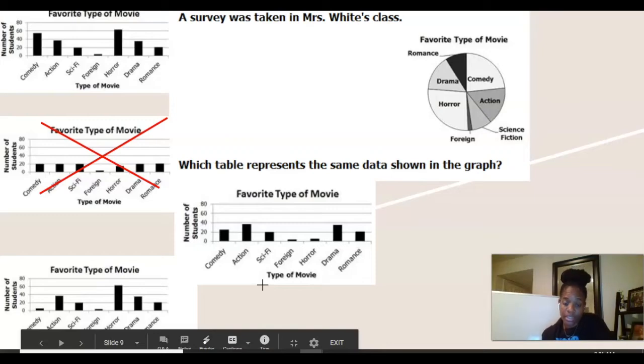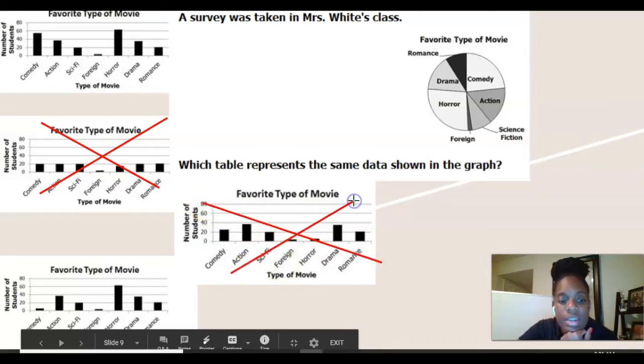So if we look at the other ones, we see this one shows that science fiction and romance is similar, and then drama and action are similar. But the issue with this one is that horror movies seems to have the most, or has way more favorites than science fiction does, and this one doesn't show that that is the case. So we would put an X through that one.